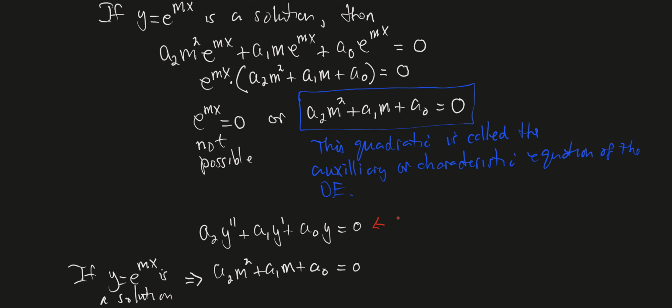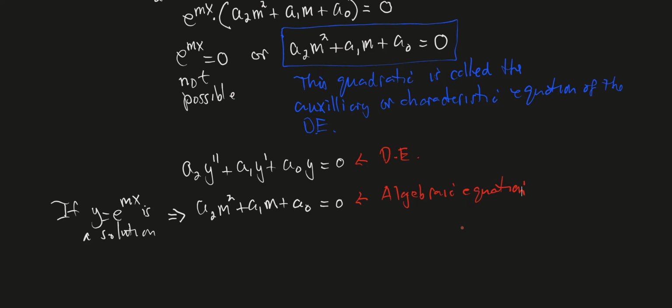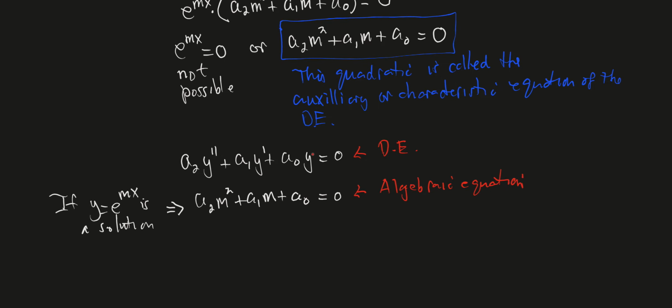So this is our DE, and in order to figure out the solutions to this, we have to solve this, which I'll call an AE, an algebraic equation. That to me is wonderful, because notice that there is no sign that we're going to need to do calculus.